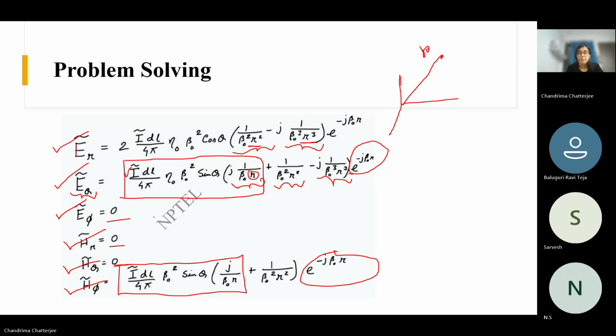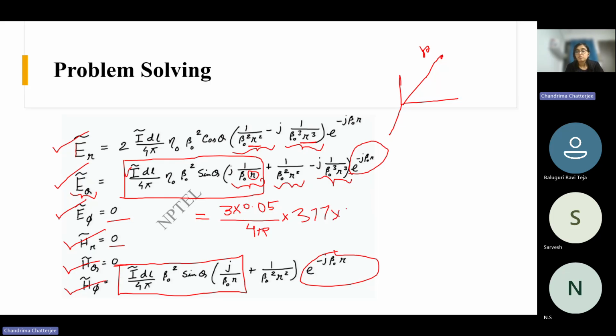So this will be equal to, current was 3 ampere and dL was 5 centimeter, 0.05, then 4 pi, and eta naught was 377, beta naught square.